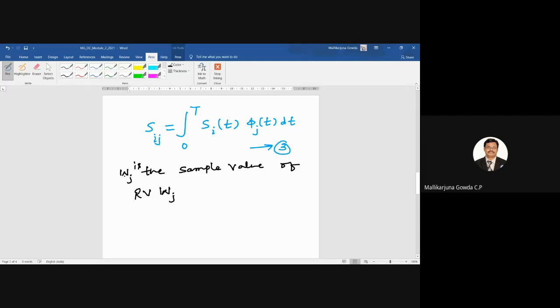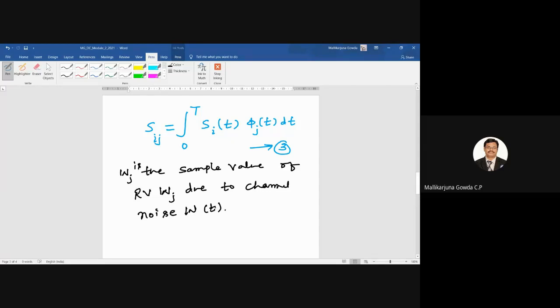This is a small wj. What I wrote there is the sample value of the random variable capital Wj. So this is due to what? Due to channel noise W of t.